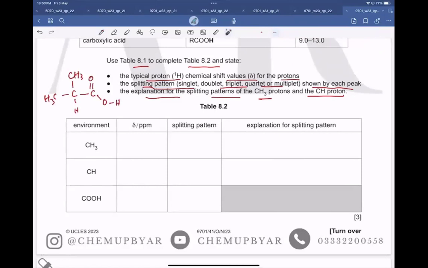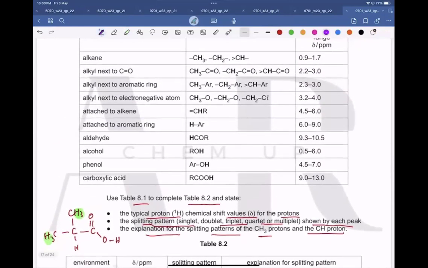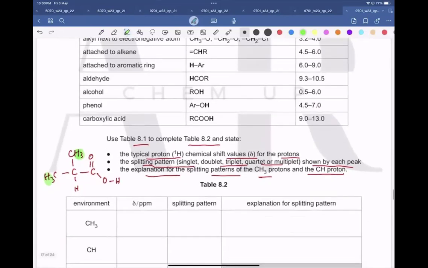Now, it's a proton NMR, so the signals are of protons. These 6 hydrogens are exactly the same, and these are alkyl hydrogens because on their neighbor carbon there is no other group. So these green ones are of this type, and their chemical shift would be 0.9 to 1.7. In their neighbor carbon there is only one hydrogen, so the value of n plus 1, n is 1, gives 2.